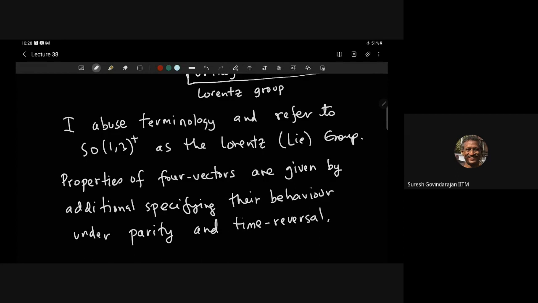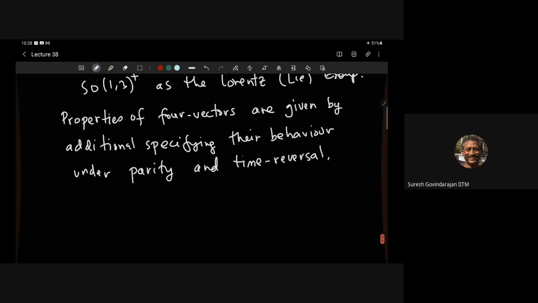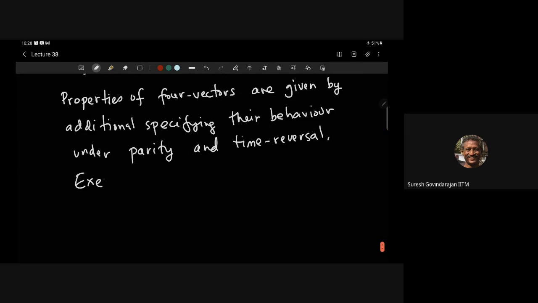We already fixed the behavior under parity for E and B. So, exercise: how do E and B transform under time reversal?